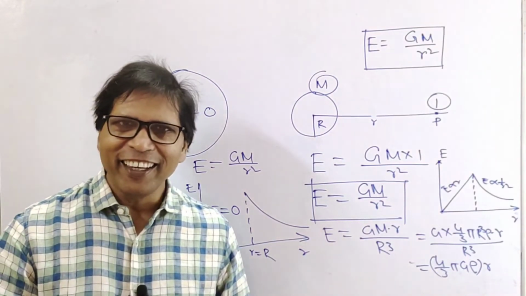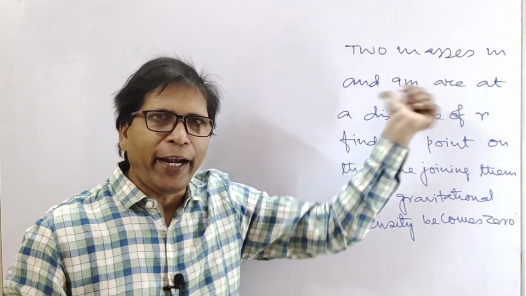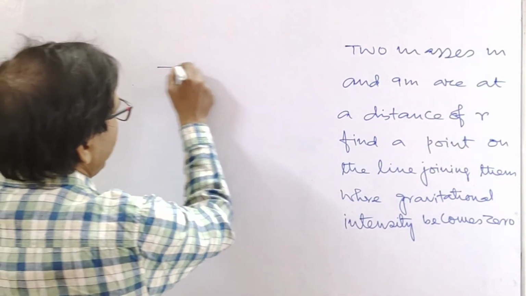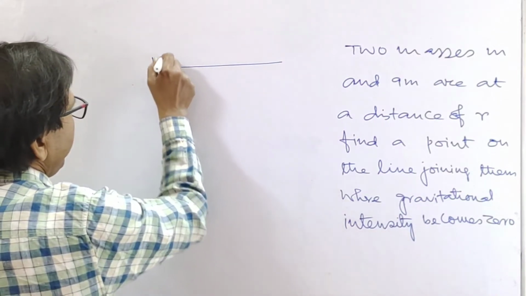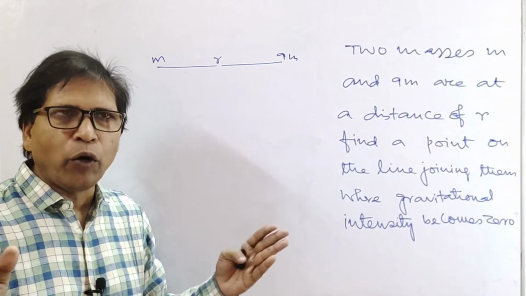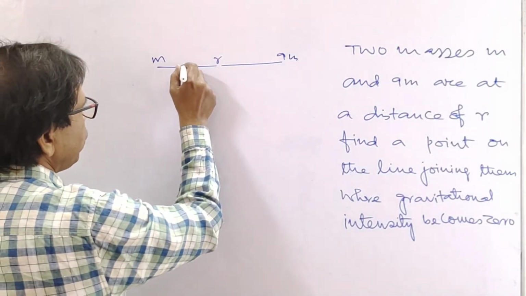Okay, understood? Now a numerical. Look at these two masses m and 9m at a distance of r. Now we have to find a point where the gravitational intensity is 0.